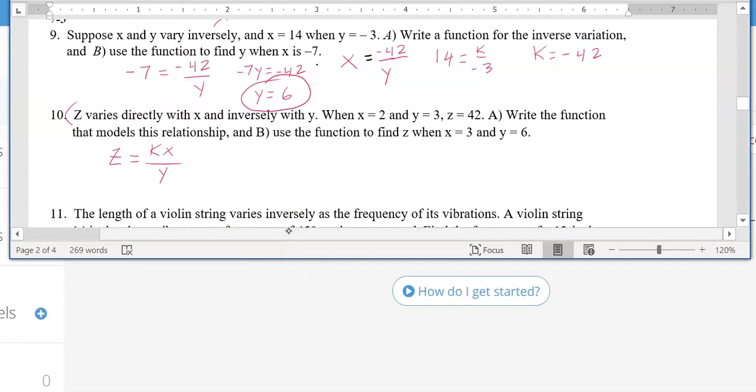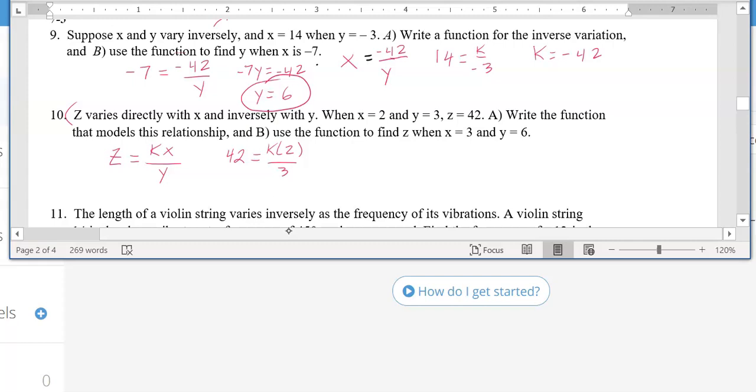All right, now let's take what we're given next and figure out what k is. When x is 2 and y is 3, z is 42. All right, so I'm going to replace all the variables in this expression except for k. X is 2, y is 3, z is 42.